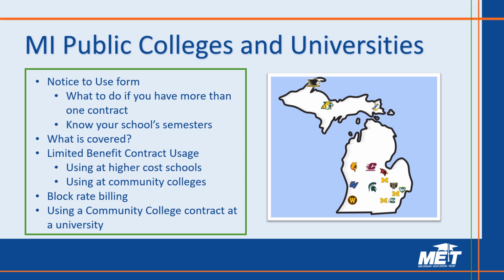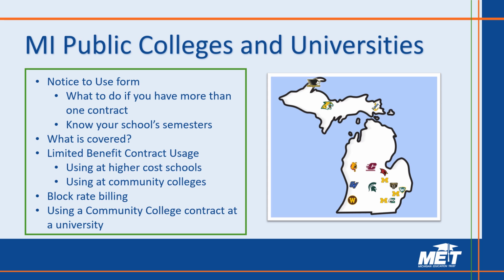You don't need to worry about the dollar amount. Focus on the number of credits you are enrolled in and the number of credits you have available on your MET. Mandatory fees are the fees in which every student at the school has to pay, regardless of what classes they are enrolled in. MET does not cover lab fees, contact hour fees, and other course-specific fees.